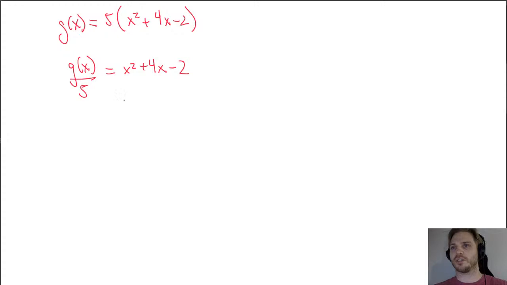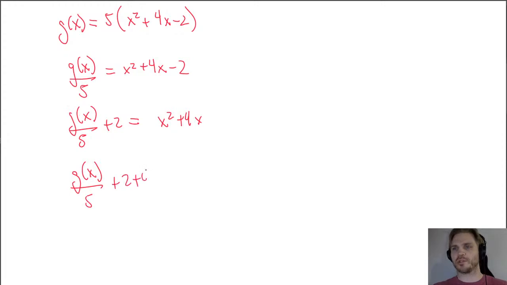I have to add 2 here to both sides first. So g of x over 5 plus 2 equals x squared plus 4x. And now I'm going to add 1/2 of 4 squared to both sides. So g of x over 5 plus 2 plus 4 equals x squared plus 4x plus 4.